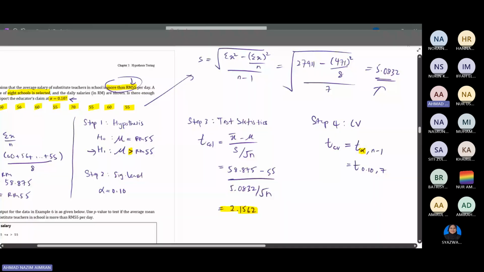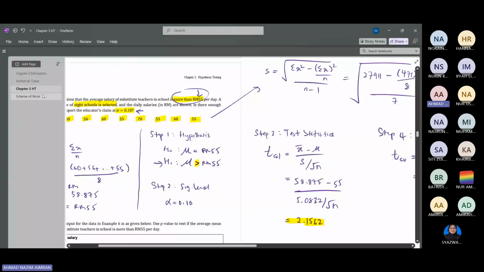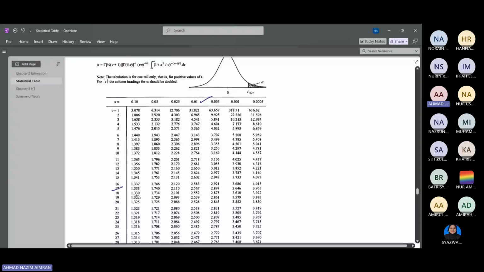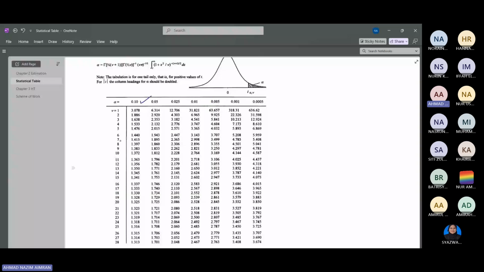So go to the statistical table, find the t critical value. So 0.1 alpha, and the degree of freedom is equal to 7.